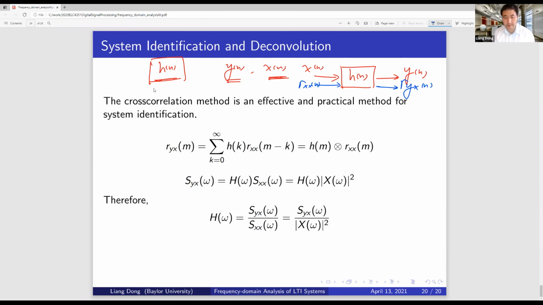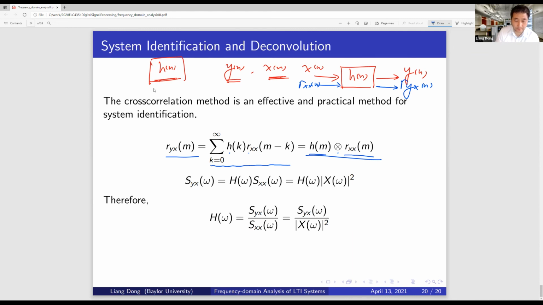So given that, now we put this into my equation, we can write it in the time domain and in the frequency domain. In the time domain we get this convolution. That is the cross correlation we express using this format, convolution of H and R. In a simple form, that is my autocorrelation signal going through the system.